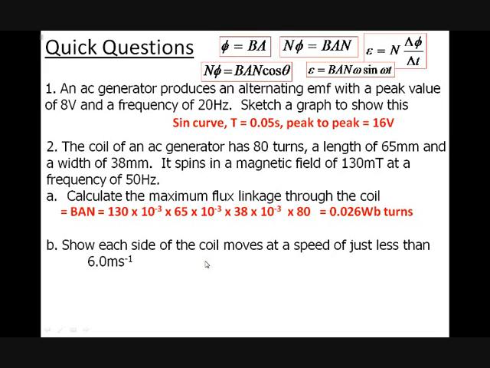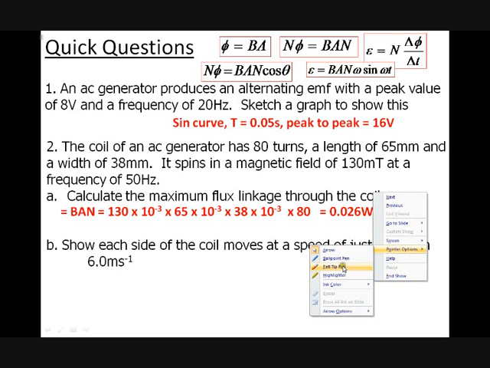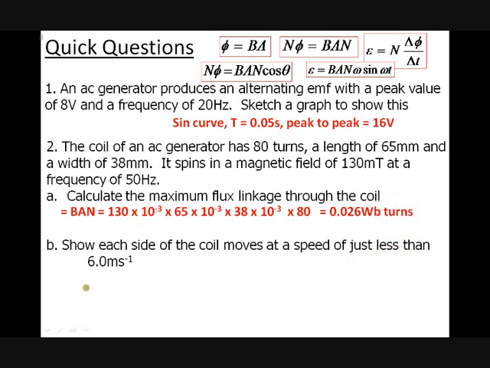To do this, you need to consider the end of the coil we're interested in. If we just do a quick drawing here, the end of the coil that we're interested in is going to have a radius of half of this width of 38 mm, because if you imagine that it's spinning like this, this complete length here is 38 millimeters, so you would need to halve that.